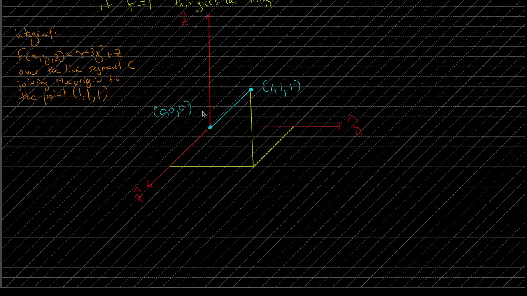And we're going to integrate over this line segment here. Some things to note, this projected point downwards is 1, 1, 0, if we look at the downward projection. But we're going to integrate this function across that.